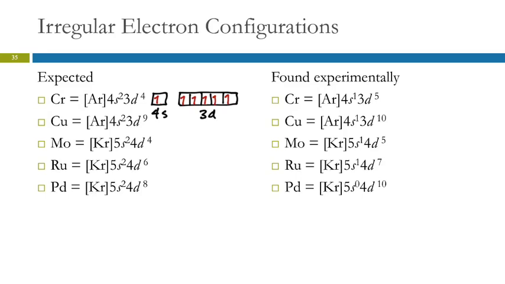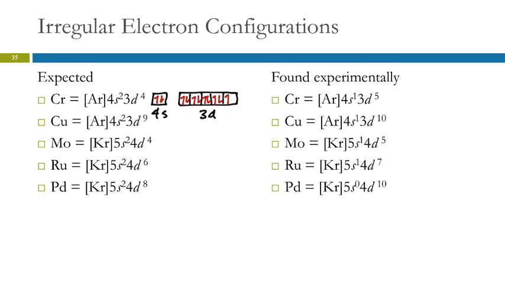And if we look at copper, copper is also in that section. We see copper, we would expect it to be 4s2, 3d9. And what it actually does is 4s1, 3d10. So let's draw the electron configuration for that. Actually, I'm just going to use the same boxes there. So what we expect for copper is that, right?